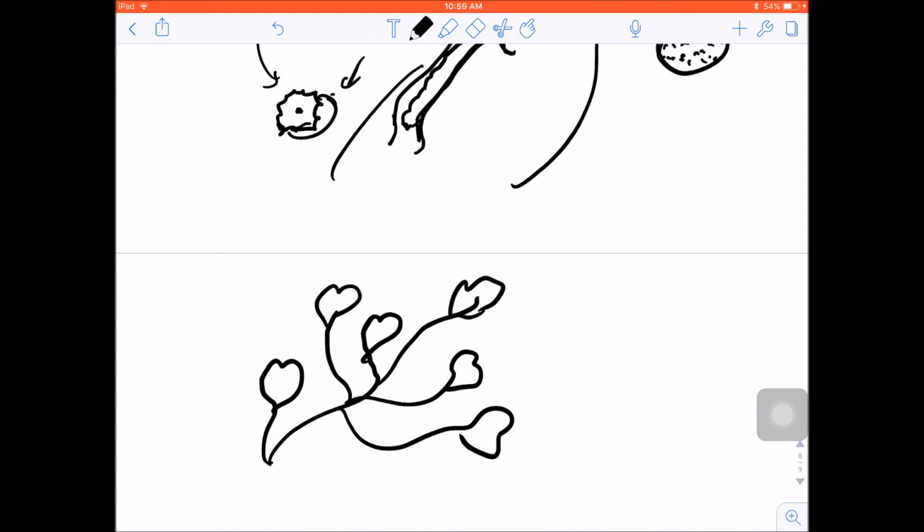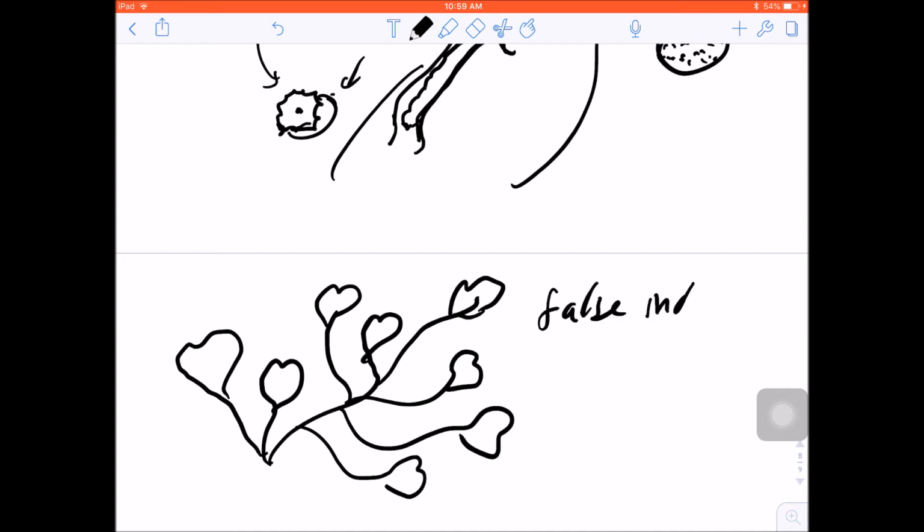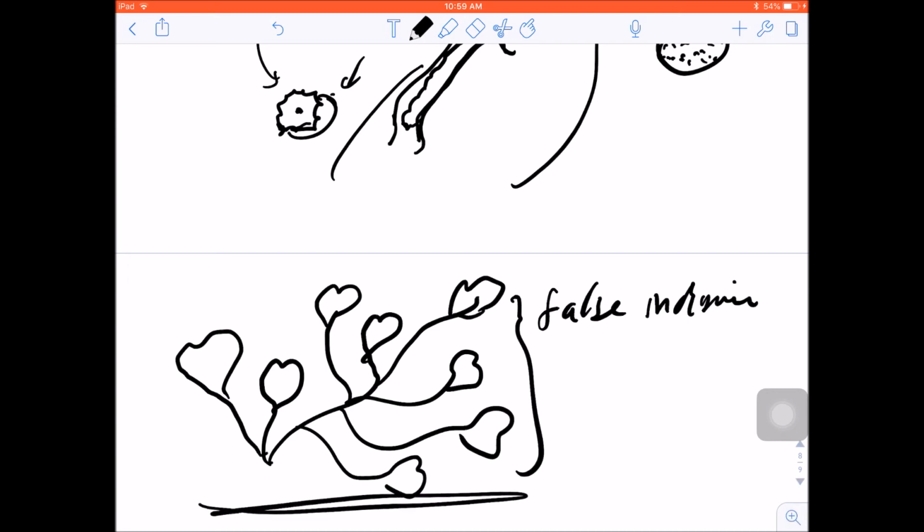You have these little nice heart-shaped-ish leaves coming off of them. I think it is an Adiantum. But there's only one that has a false indusium. And just go through your photos, remember this plant, and you'll know it's got a false indusium.